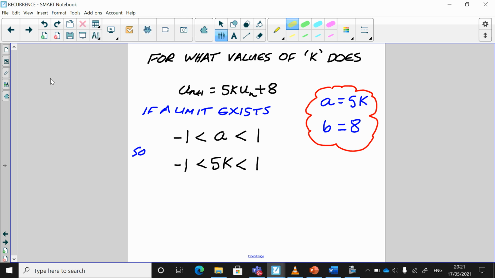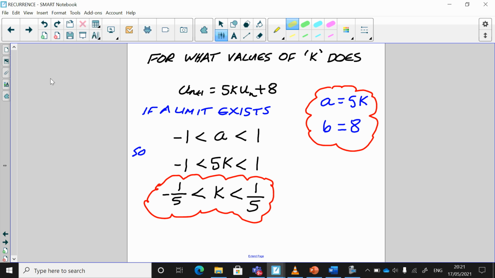We can only multiply or divide. So to turn 5k into k by multiplying or dividing, I divide by 5. So divide all three parts by 5. So -1 divided by 5, 5k divided by 5, and 1 divided by 5. So those are the only values of k that will work for that recurrence relation if a limit actually does exist.